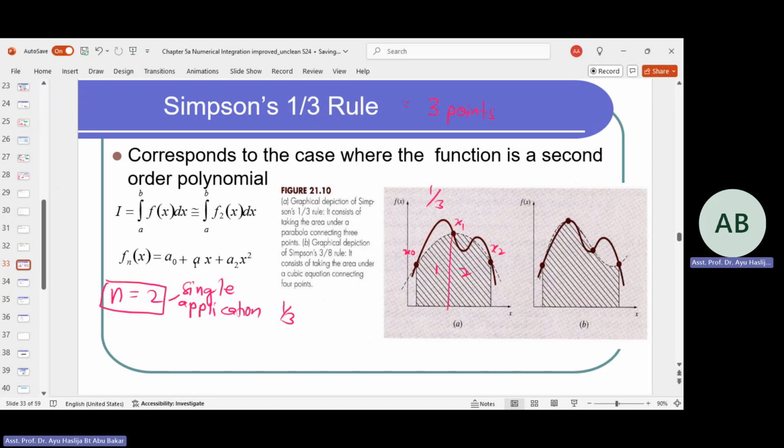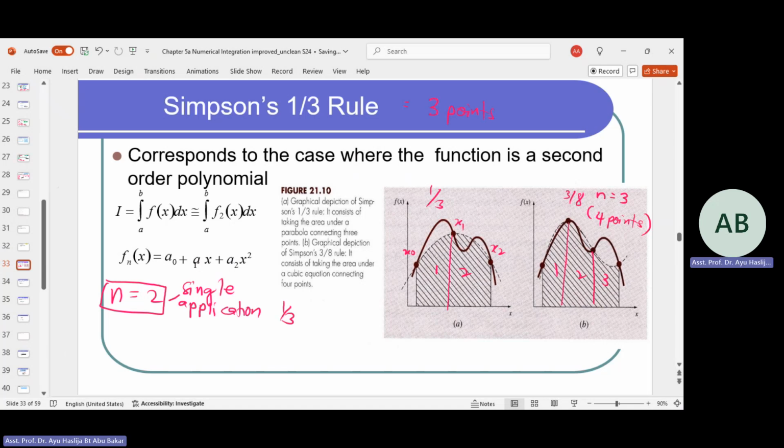So A is 1/3. B is Simpson's 3/8, where Simpson 3/8 has minimum n equals 3. Single application for 3/8, n equals 3. This is the minimum, which requires 4 points.